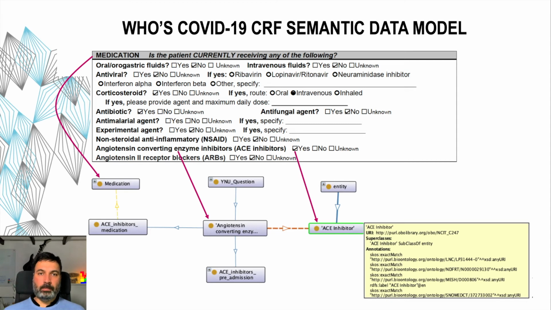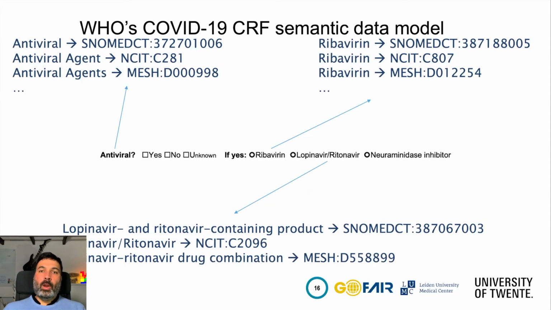When the questions are not just yes or no, many of them are just yes or no, did you take this, yes or no, and so on. But we also directly refer to things. We also provide references to concepts that represent these things. For example, in this question, the user should inform whether the patient is taking any antiviral, so yes or no. If yes, which one of the choices the person is taking.